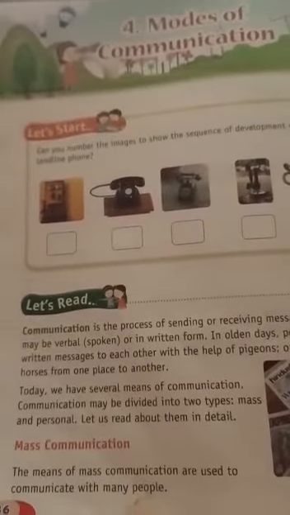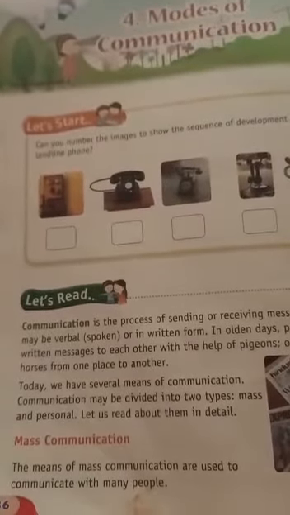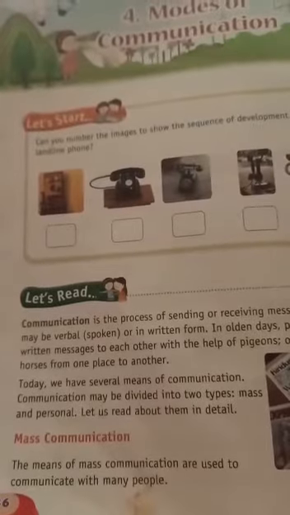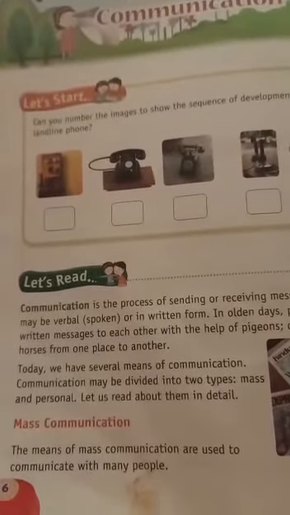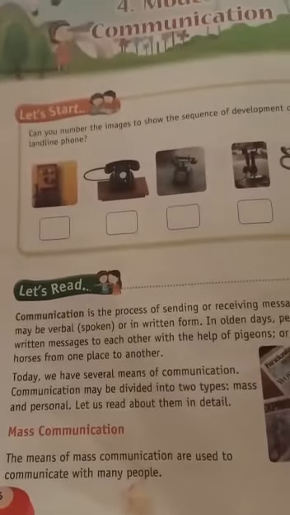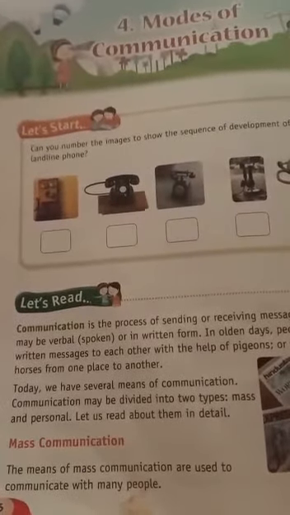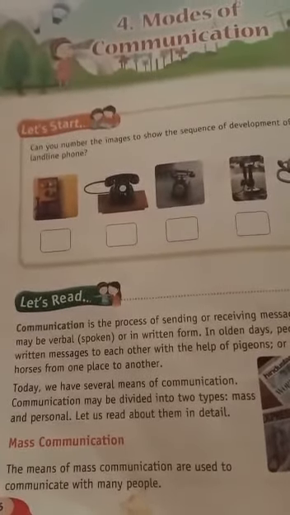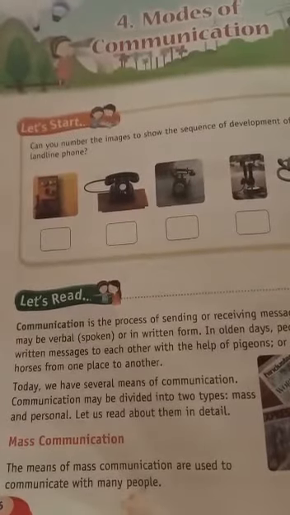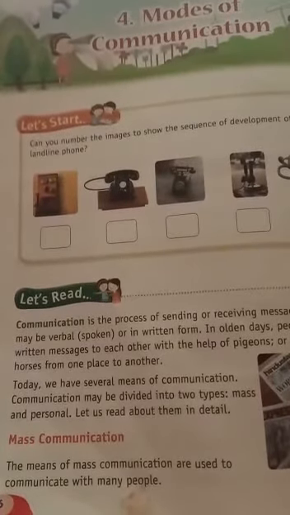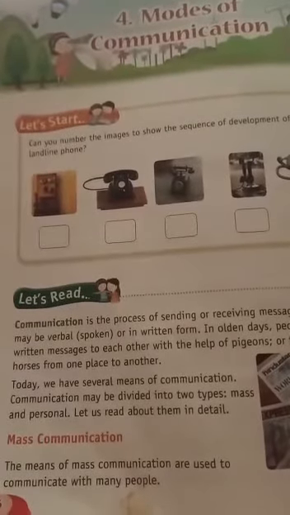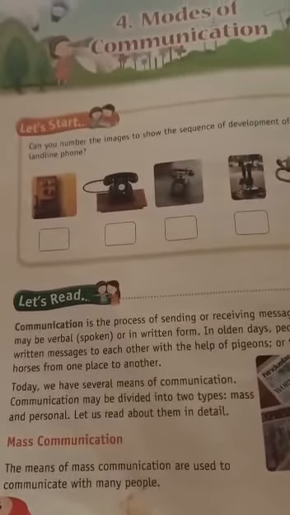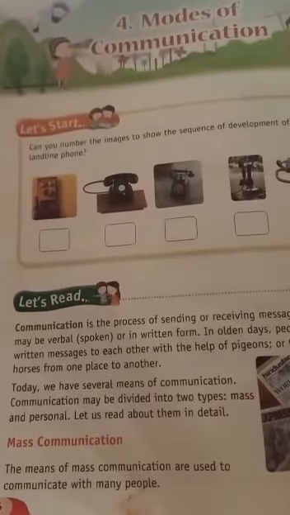Okay, let's come to know about what is mass communication. The means of mass communication are used to communicate with many people. For example, companies often need to advertise their products to a large number of people at the same time, right? And similarly, news about what is happening around the world has to reach a large number of people at the same time.